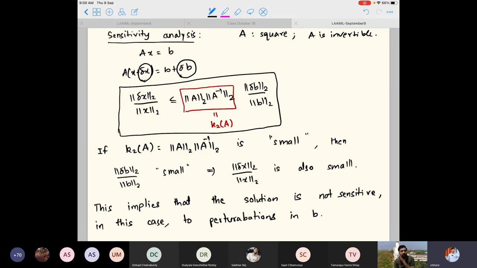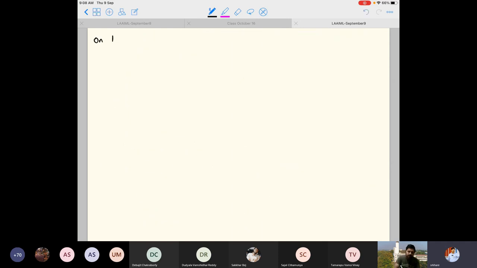But on the other hand, if this condition number is large, again what is small and what is large, we don't know, but let us see. If the condition number of A is large, then what can we say?